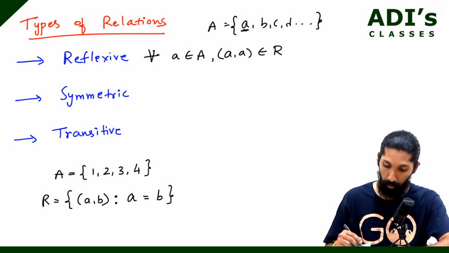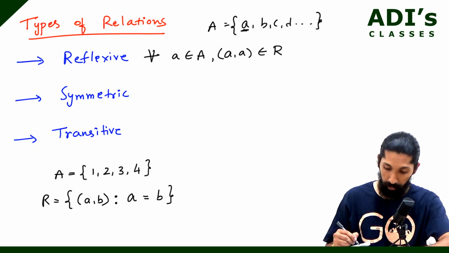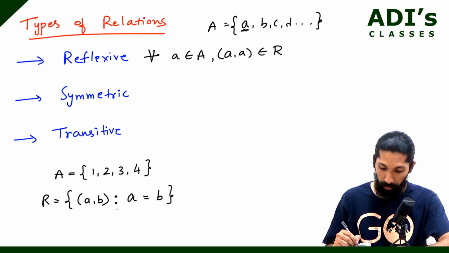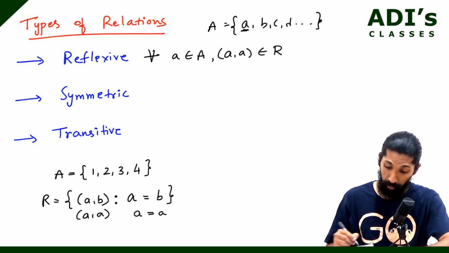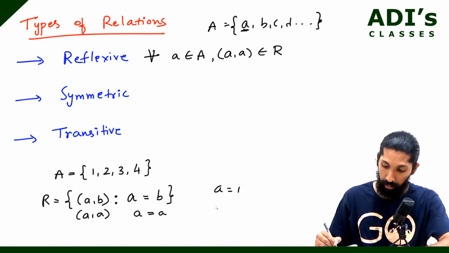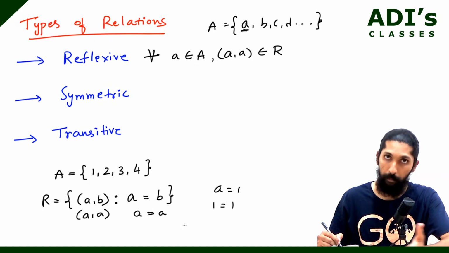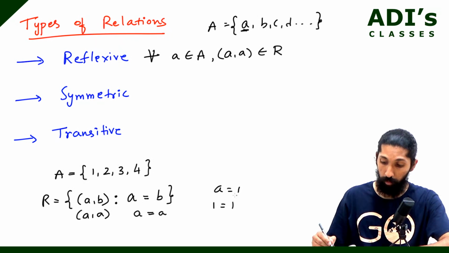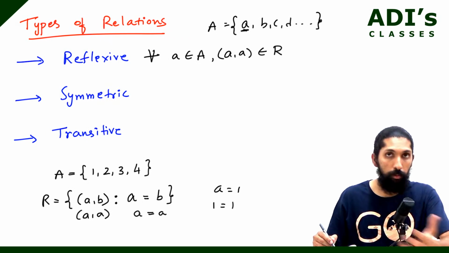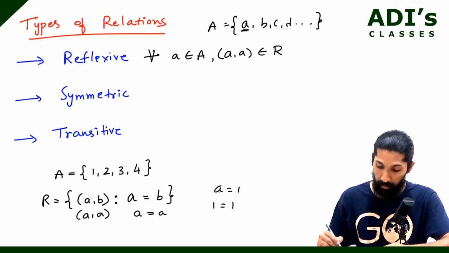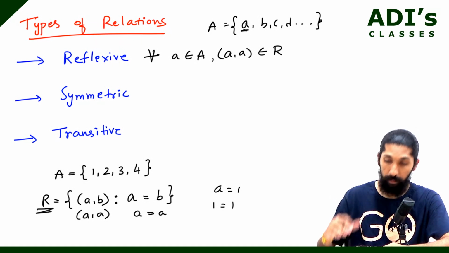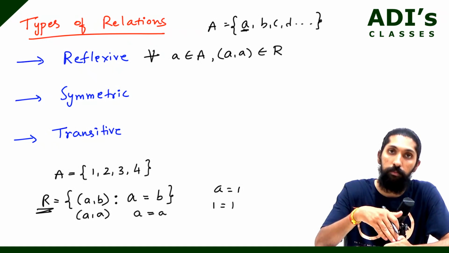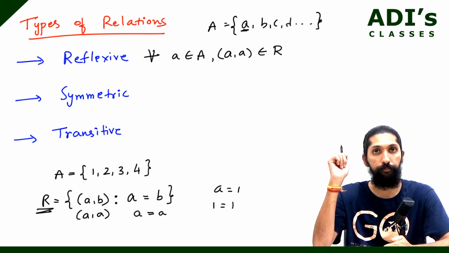Here a and b belong to set A. Now look at this one. If you write (a, a), it's nothing but saying a is equal to a. For example, if a becomes 1, then 1 is equal to 1, isn't it? So 1 is equal to 1 or 2 is equal to 2. No matter what number you take, this relation R is always true, correct? So what we are defining, (a, a), is what we call a reflexive relation.